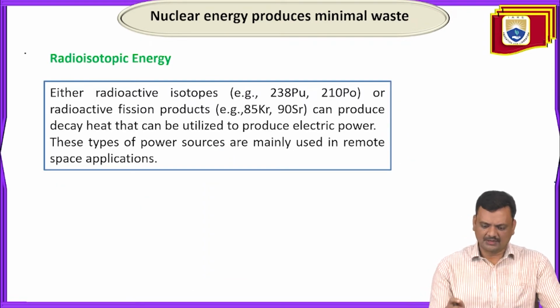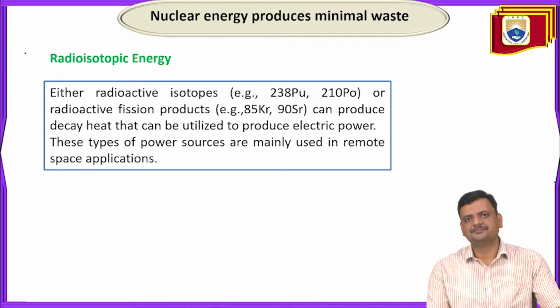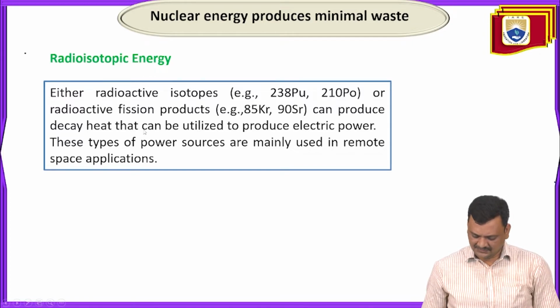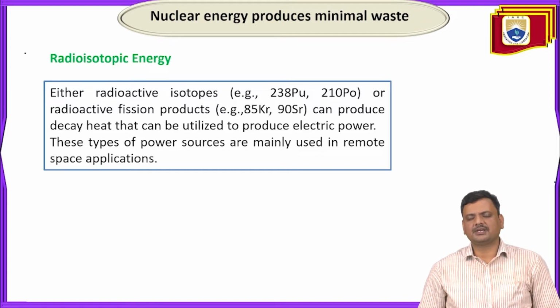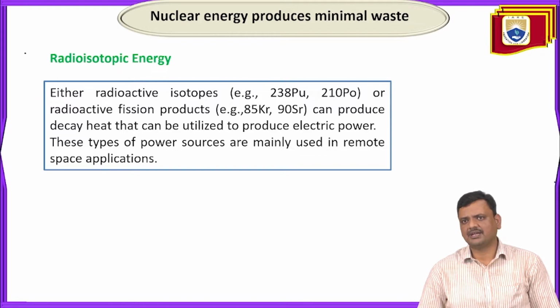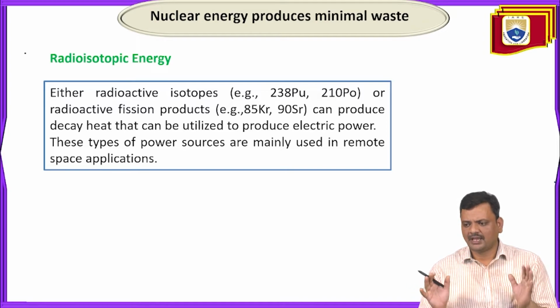The third one, and also important, is radioisotopic energy. Actually, this radioactive isotopic energy is generally used in remote space applications, where we cannot perform any nuclear process in a controlled manner.